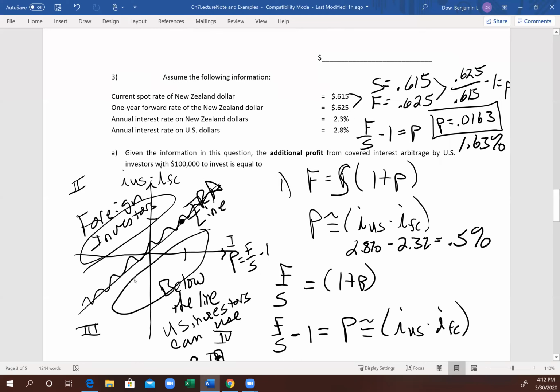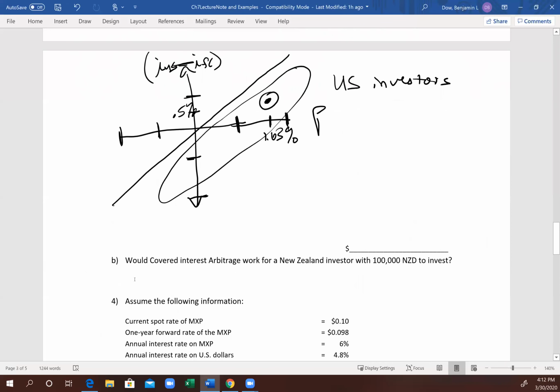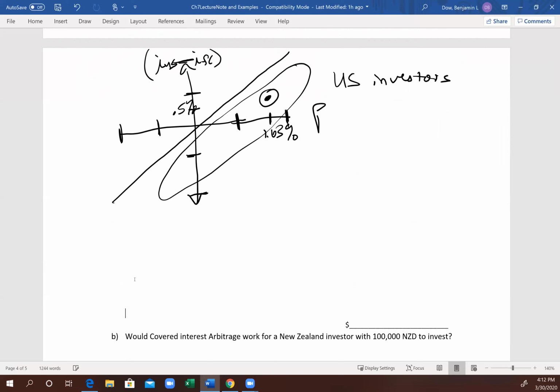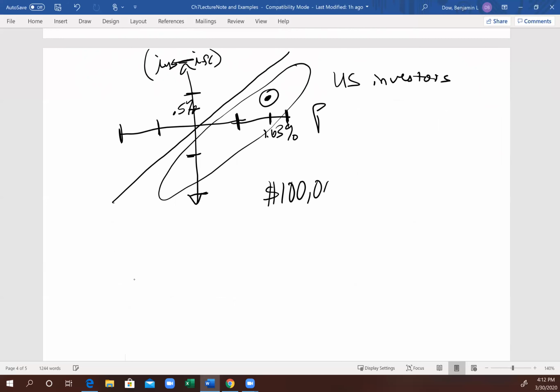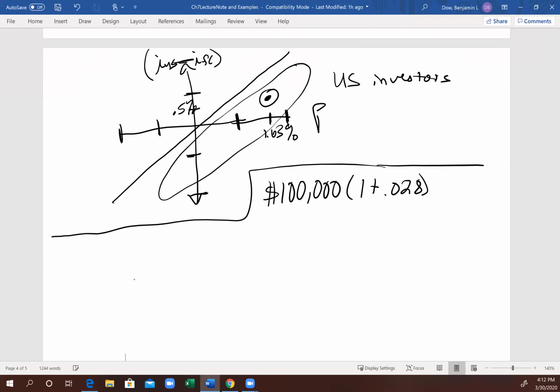So if you had $100,000, let's go ahead and look and see what would happen. If you had $100,000, and you could earn over the course of 1 year in the US 2.8%, then at the end of 1 year, you would have $102,800.